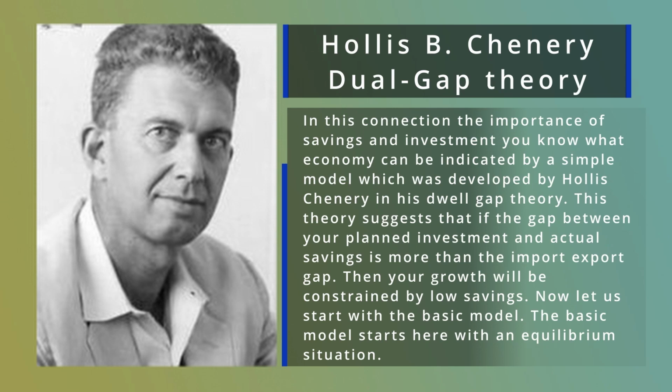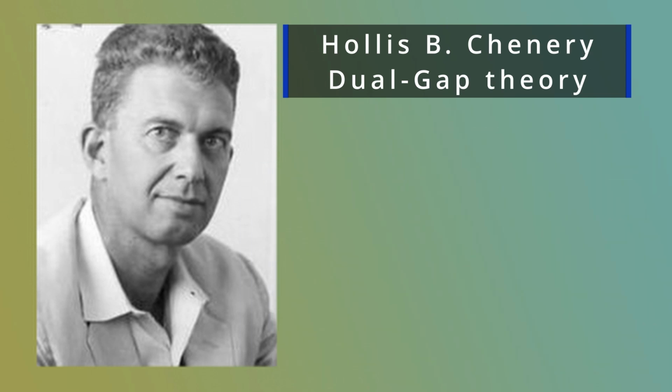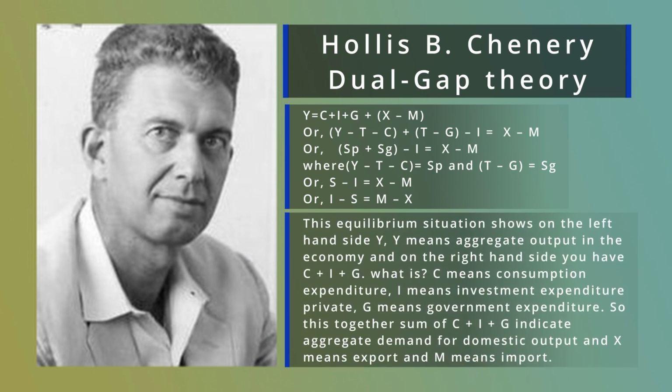The basic model starts here with an equilibrium situation. This equilibrium situation shows on the left-hand side Y. Y means aggregate output in the economy, and on the right-hand side you have C plus I plus G. What is C? C means consumption expenditure, I means private investment expenditure, G means government expenditure.